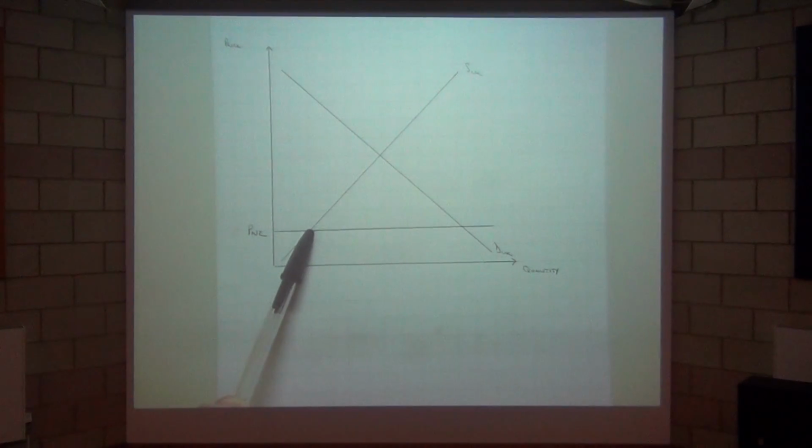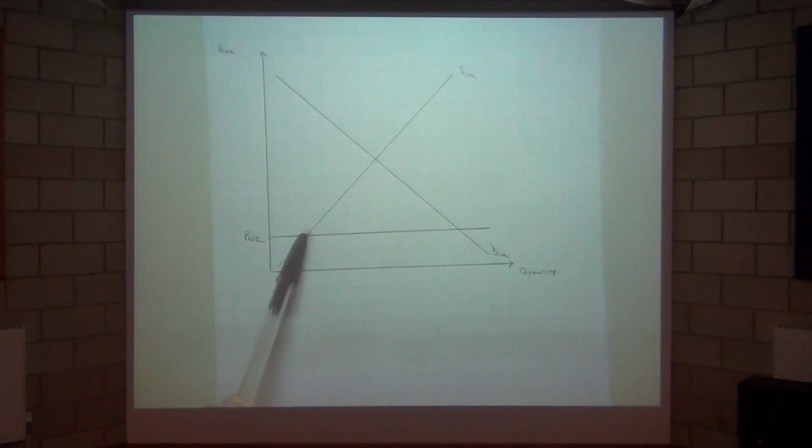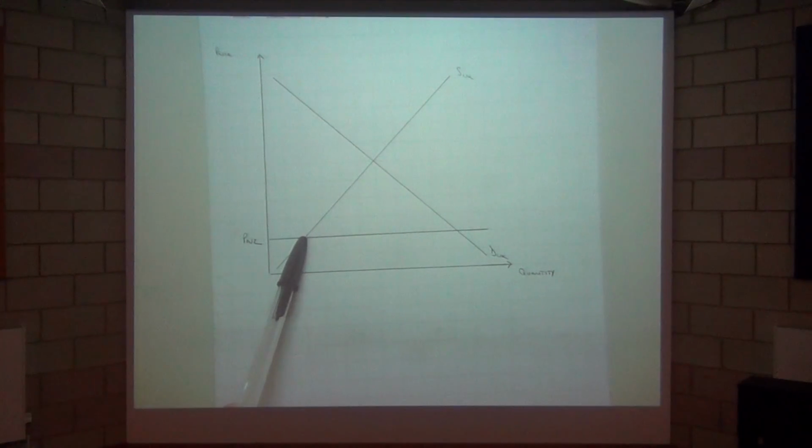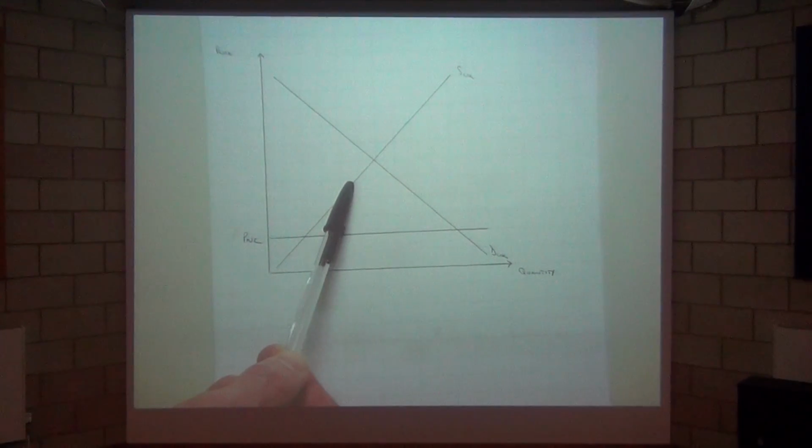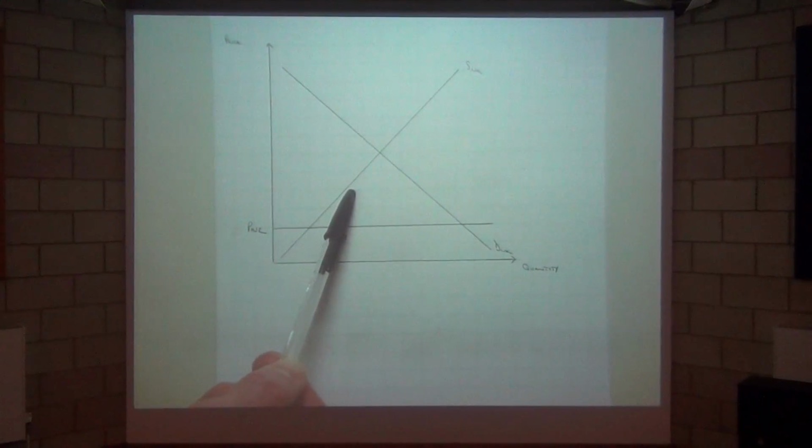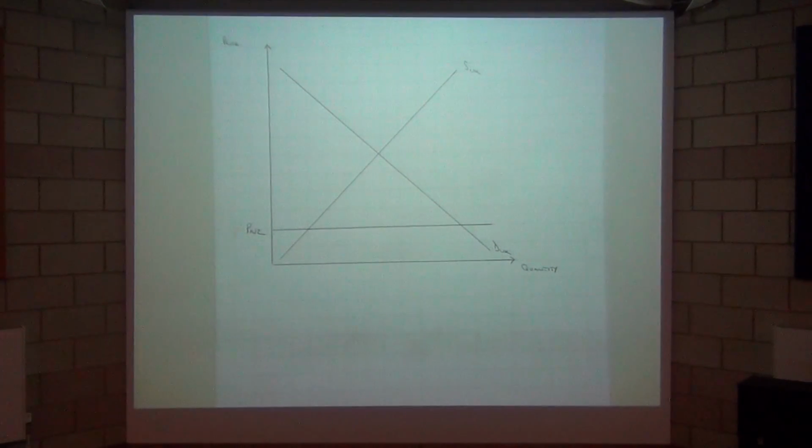So UK producers can compete until this point. But beyond that point, as you can see from the supply curve, the cost domestically in the UK continues to rise, and so the cost of supplying the good in the UK greatly exceeds the cost of buying it from New Zealand.